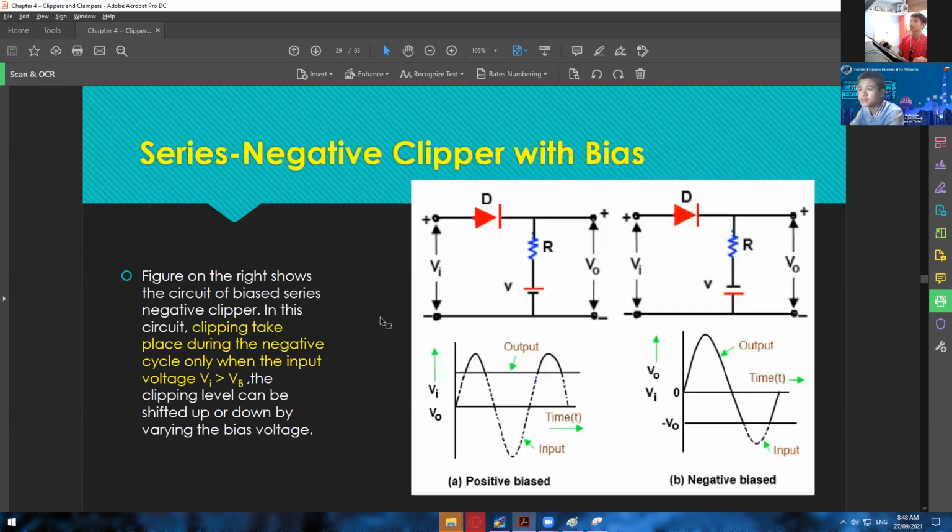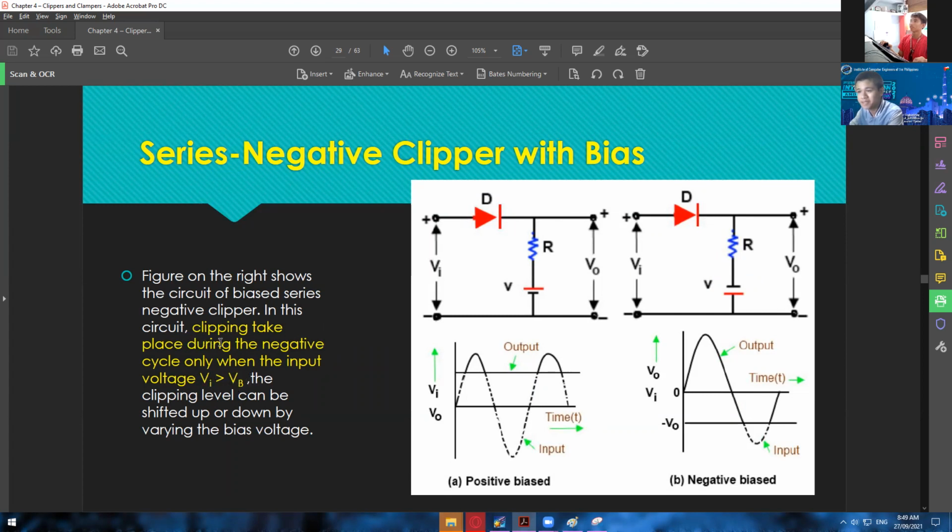And then let's now move on to a series negative clipper with bias connection. In here, we now have, again, the positive bias and then the negative bias. This is just simply explaining the connectivities. But I highlighted this because you have to take note that the value of our voltage output, as usual, depends on the value of our VB and VI.